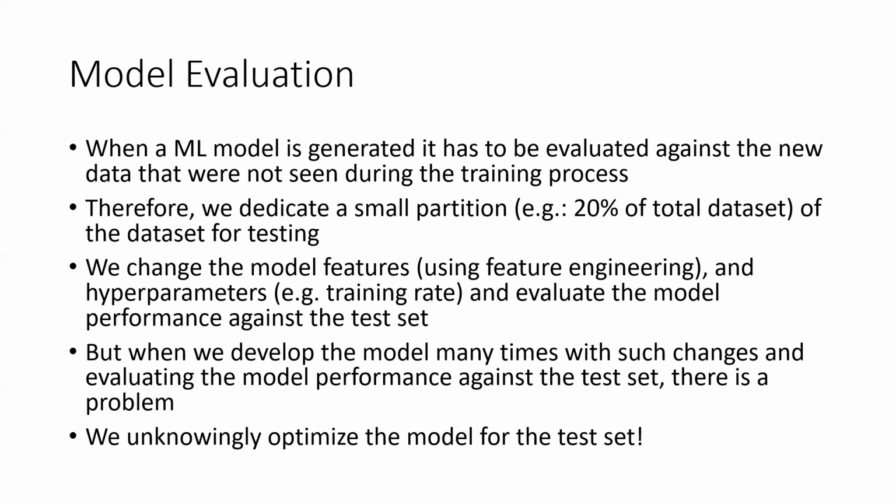So when they test again and again with the test set, what he's actually doing is unknowingly optimizing to the test set, right? The user is actually changing the hyperparameters and doing some feature engineering to reduce the error in the test set. In other words, he is trying to optimize for the test set.